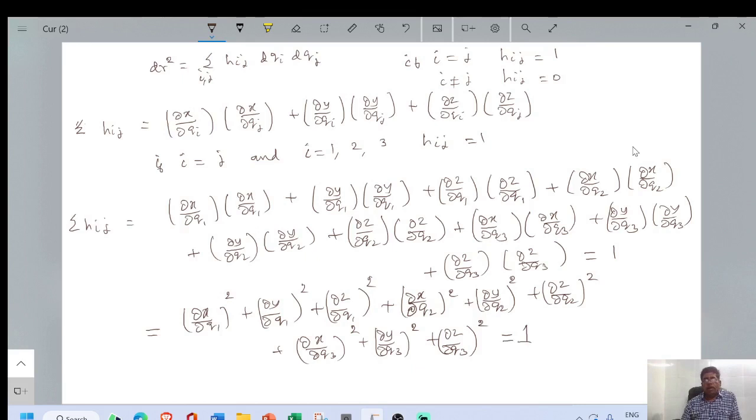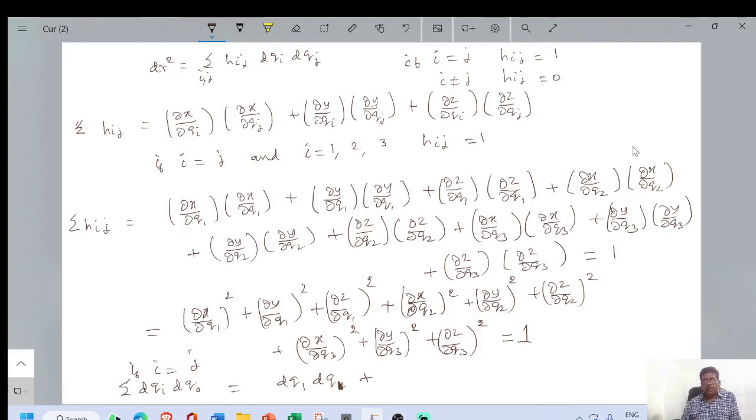If i equal to j, summation of dqi dqj equal to, first put i equal to 1, dq1 into dq1. Put up the next value. Here dqi dqj, if i equal to j, take i equal to 1, you get dq1 into dq1.